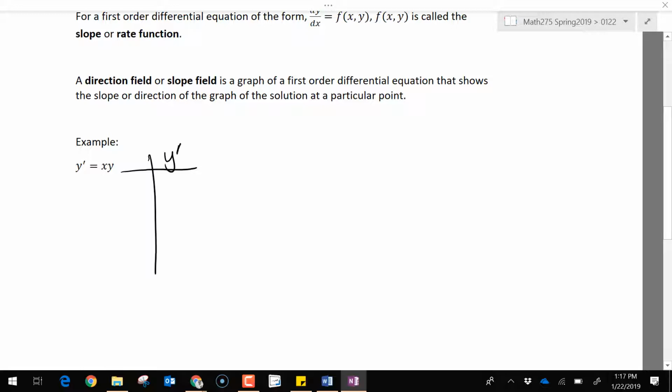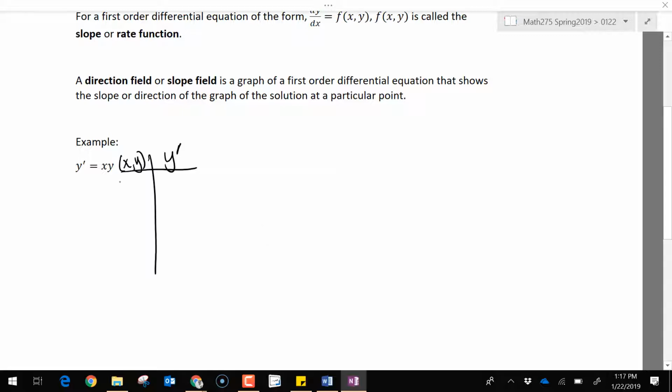So we can put y prime or dy dx, whatever. And then your input is not just the number x. Remember, the right-hand side has x's and y's. So your input would be points, pairs of numbers, x's and y's, right? So if we take a look at this example, let's pick some points on the xy plane, like 0, 0.